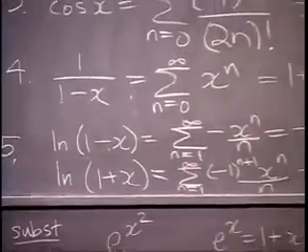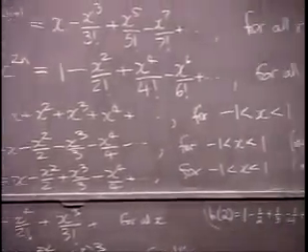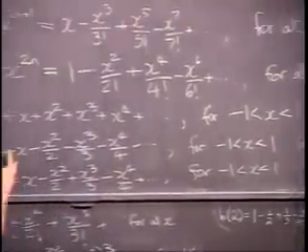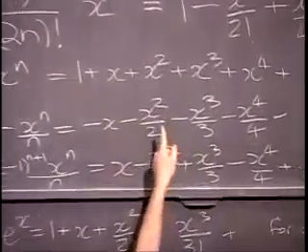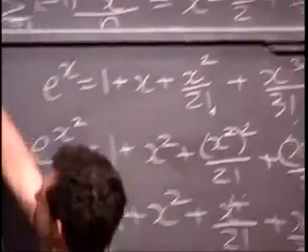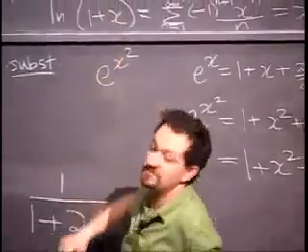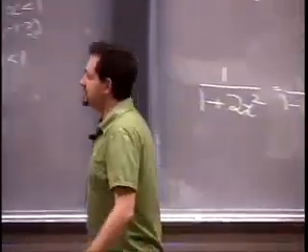In fact, you can almost see it by inspection. If you differentiate this, minus x becomes 1, minus x squared over 2 becomes x, minus x cubed over 3 becomes x squared, except with the minus signs on the front. But when you differentiate this, you get another minus sign by the chain rule. That's something to try. Anyway, that's all I have to say about differentiation.